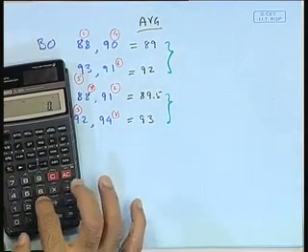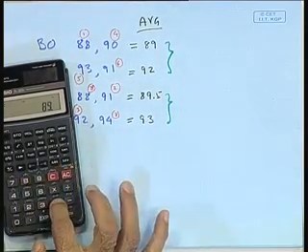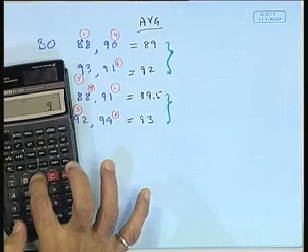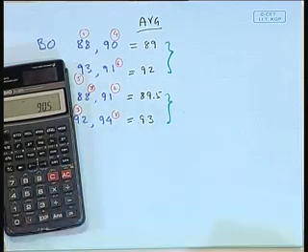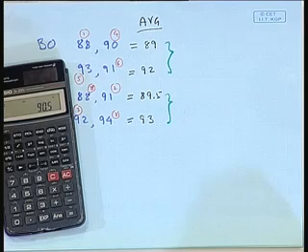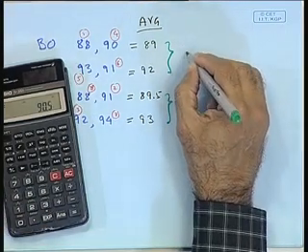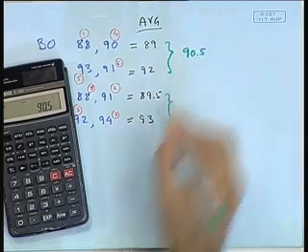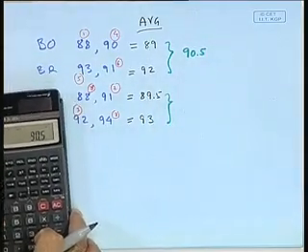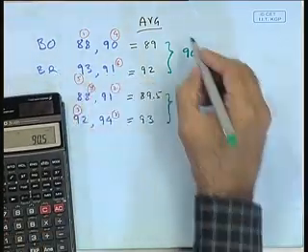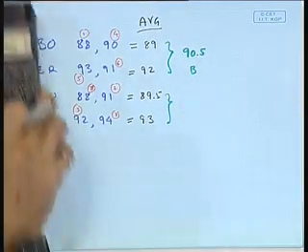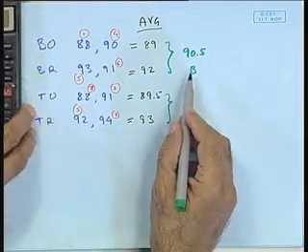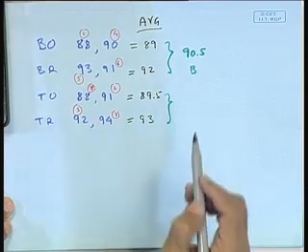I have 89 plus 92 divided by 2. That's 90.5. So that number is going to be 90.5. And what is common between these two? B. B is common. So this is going to be the effect of B. I'm going to be telling you a little bit more about this in a couple of minutes.